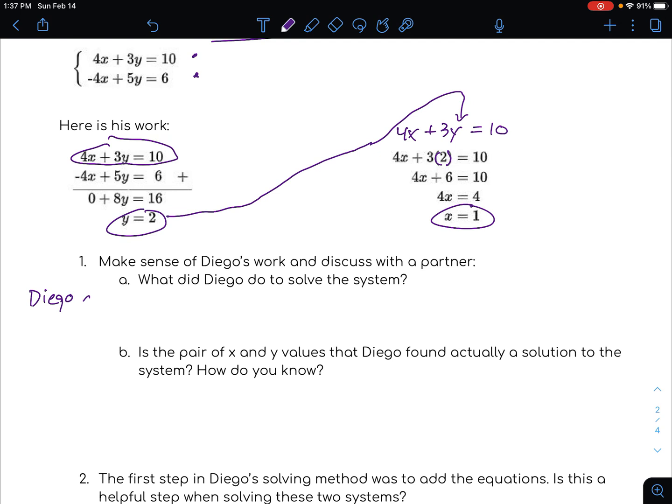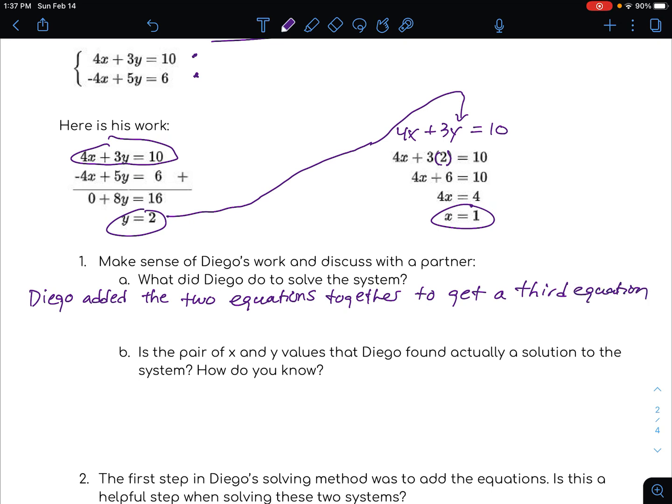So Diego added the two equations together to get a third equation, solved for y to get y equals 2.